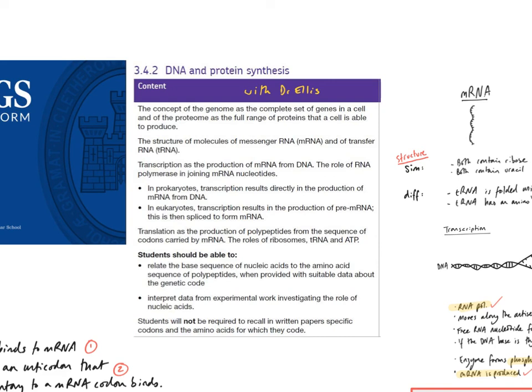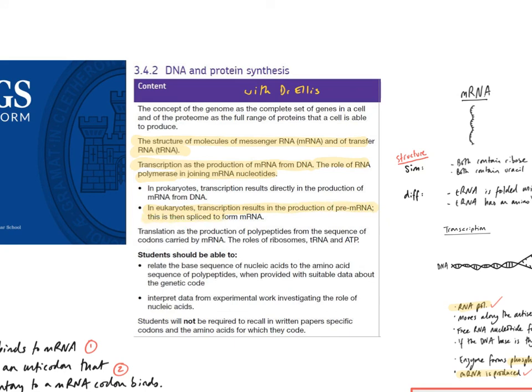So I wanted to go through the structure of mRNA and tRNA. I think I've done that. Transcription is the production of mRNA from DNA. Yeah, there's 6 marks for getting that. The role of RNA polymerase makes phosphodiester bonds in joining the mRNA nucleotides. Yeah, that form hydrogen bonds spontaneously because they have complementary base pairing. In eukaryotes, transcription results in the production of pre-mRNA.